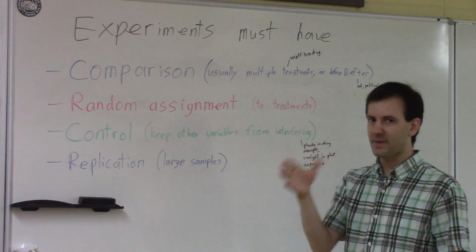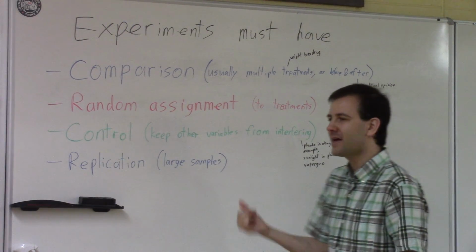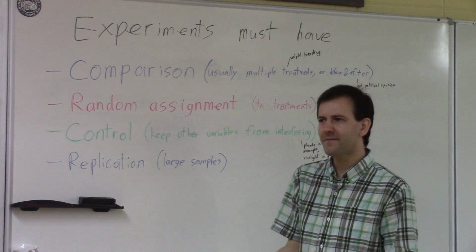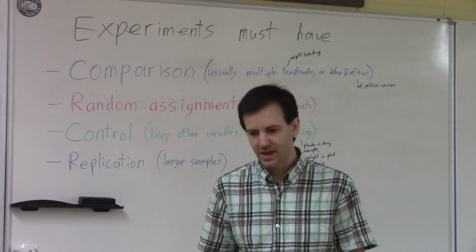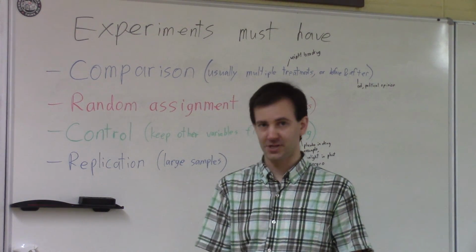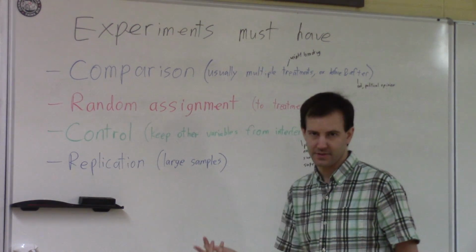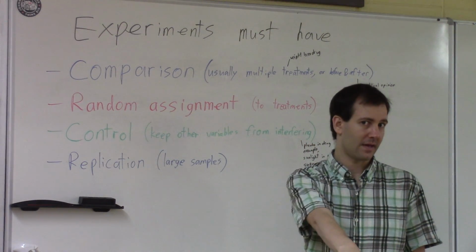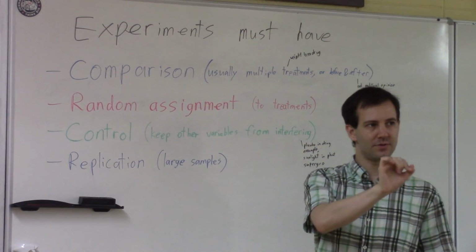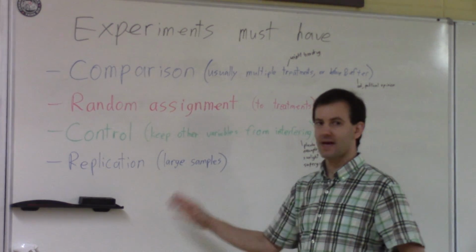Remember variability and bias? This isn't a problem of bias, this is a problem of variability. If you only have one person in each group, or even 5 people in each group, one person happening to break a leg and be wheelchair bound for the next 5 months might have a serious effect just due to chance. So to avoid variability leading to your information being useless, you need large samples.